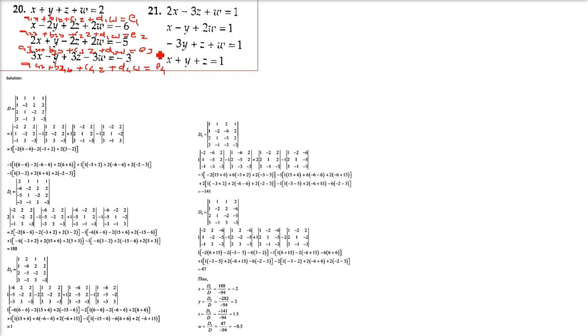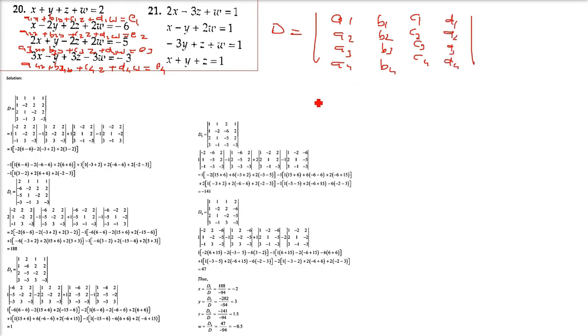Okay. Now when we solve this, the D will come as A1, A2, A3, A4 in the first column, B1, B2, B3, B4 in the second column, C1, C2, C3, C4 in the third column, D1, D2, D3, D4 in the fourth column. So let me just write the values here.